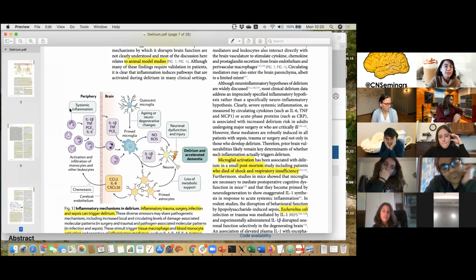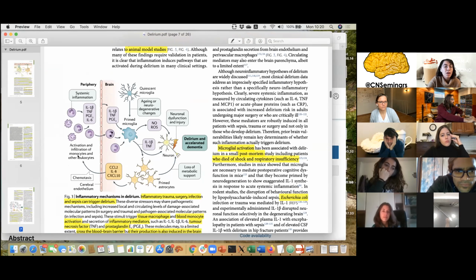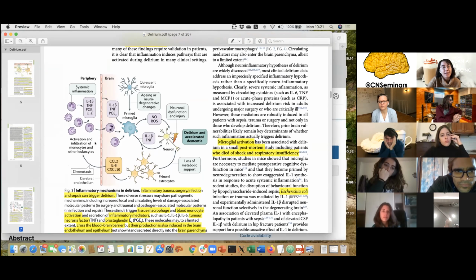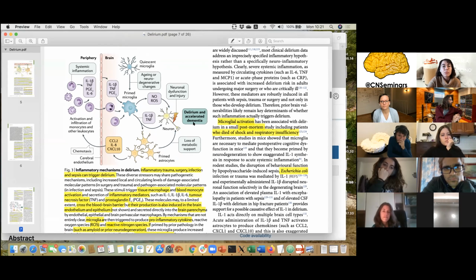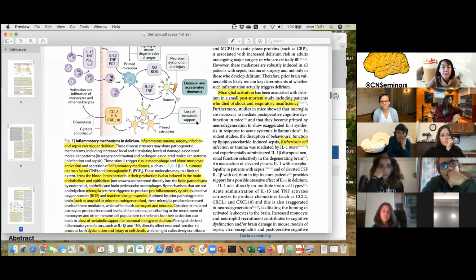If you have an immune reaction, a systemic inflammation, leukocytes and macrophages go inside the brain barrier, the parenchyma, and trigger mechanisms in the microglia, astrocytes, and neurons to produce chemical species like reactive oxygen species and reactive nitrogen species that interact with the neurological and metabolic balance, and this could trigger delirium and also accelerate dementia mechanisms.